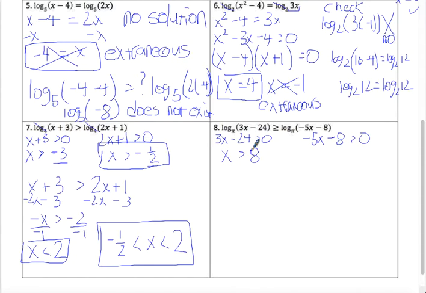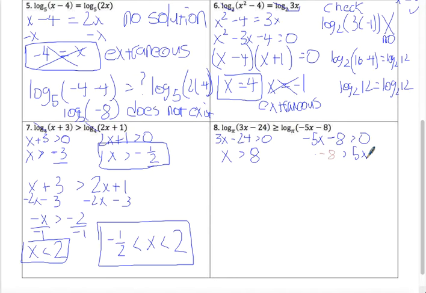And this one gives us, oh, so here I'm going to get -8 is greater than 5x.